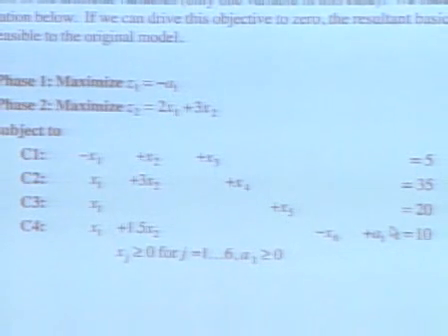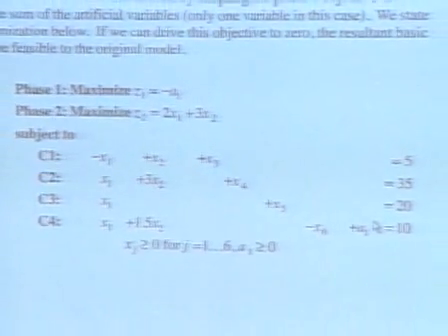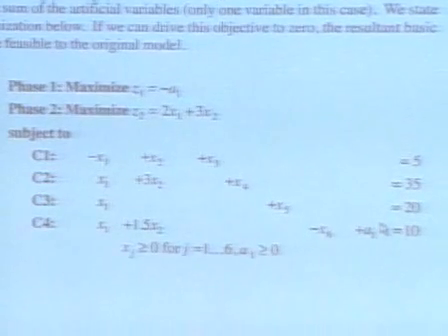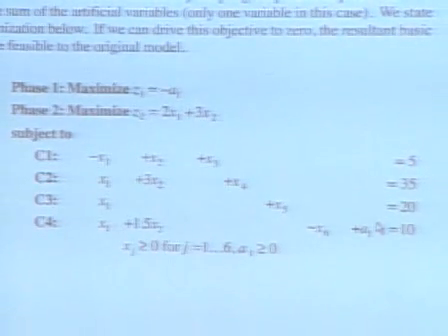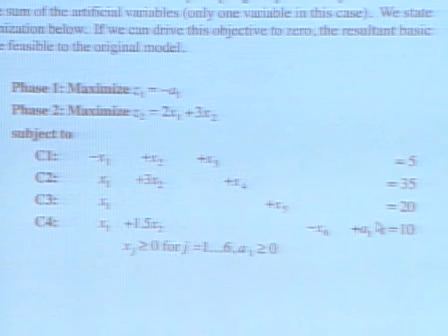To convert it to equality form, we would say x1 plus 1.5 x2 minus x6 equals 10. So this is how we would convert this equation to a standard form.